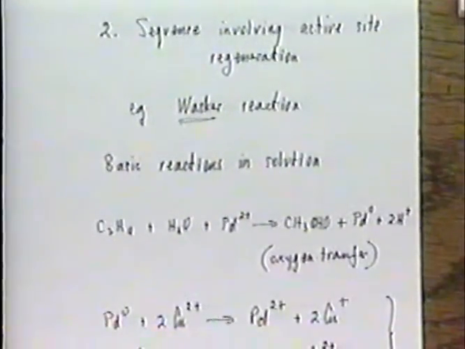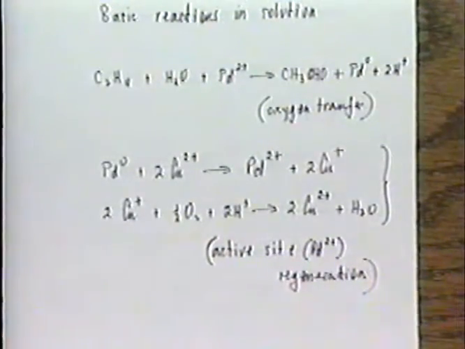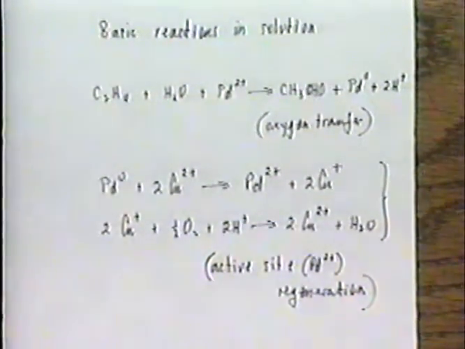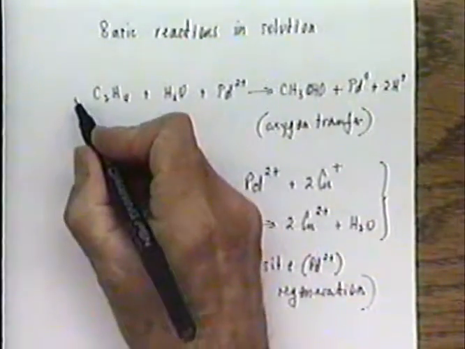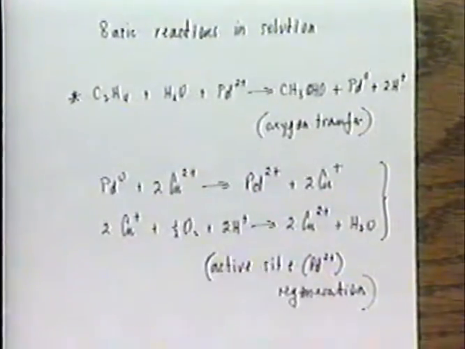The best way to approach it is to look at the basic step which tacks an oxygen onto the ethylene, and that's the first reaction here. The classical Wacker process is done in an aqueous system. It's a homogeneous process, and it was done using palladium 2+ in solution.